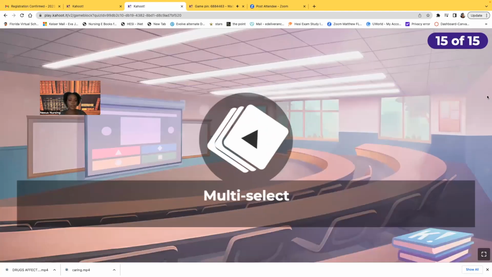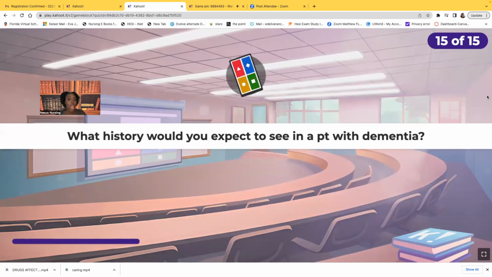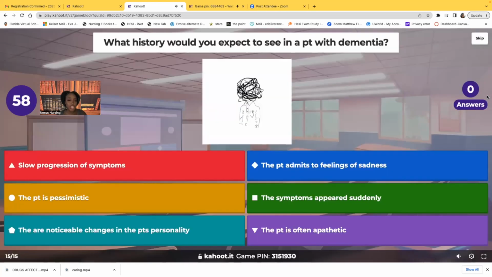All right, guys, one more question. Last question. Select all that apply. What history would you expect to see in a patient with dementia? Slow progression of symptoms. The patient admits to feelings of sadness. The patient is pessimistic. The symptoms appear suddenly. They have a noticeable change in their personality.